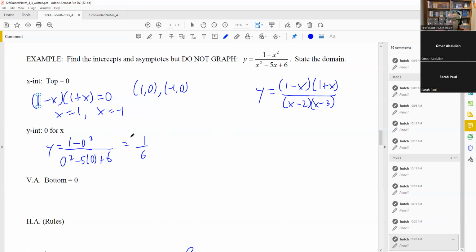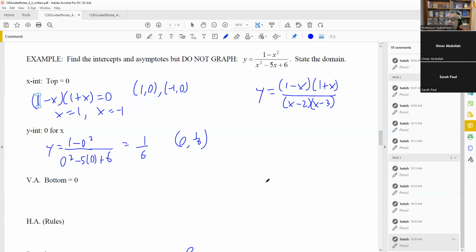Again, if it tells you to write it as a coordinate, you would write 0, comma 1/6. Otherwise, it may say y equals with a blank, and in that case you just put in 1/6. It just depends on what they're asking you to do. It'll tell you how they want the answers.